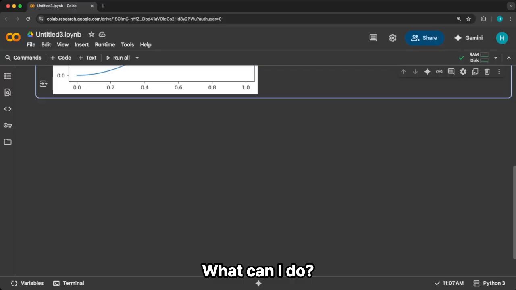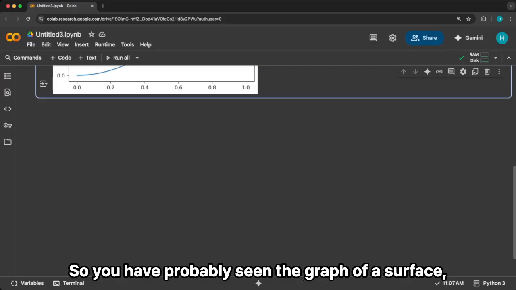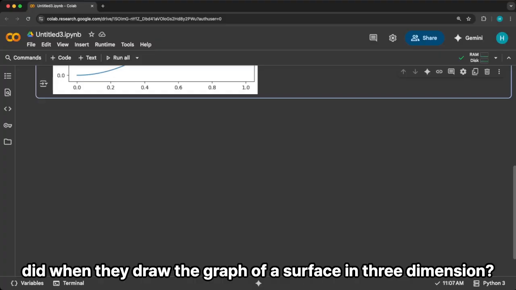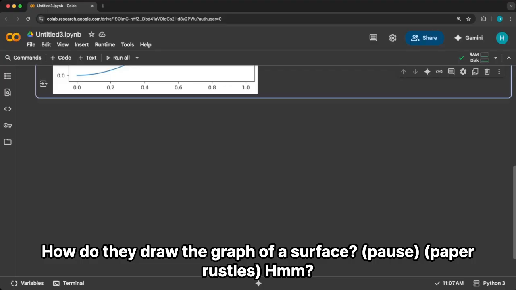What can I do? So you have probably seen the graph of a surface. I can draw in a board like this, but also you can see the computer image of a surface. What do you think computer did when they draw the graph of a surface in 3 dimensions? How do they draw the graph of a surface?